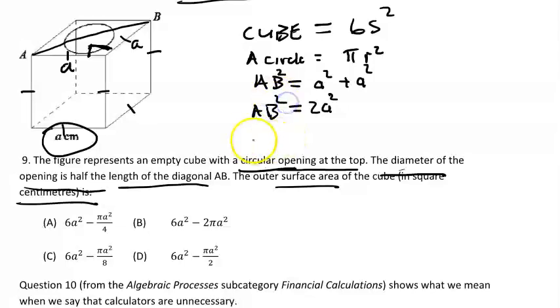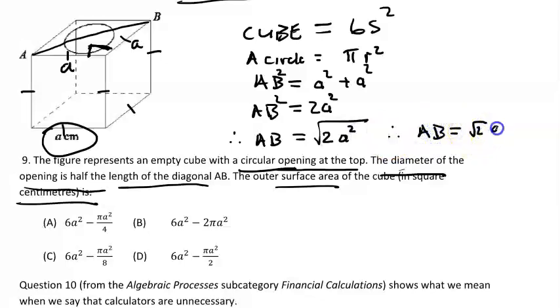Therefore, AB equals the square root of 2 times A. Now we know that the diameter of the opening is half the length of the diagonal AB. So we can conclude that the diameter D will be half the square root of 2 times A.